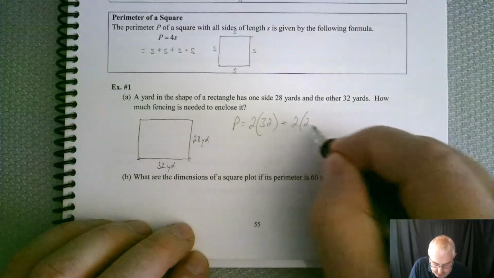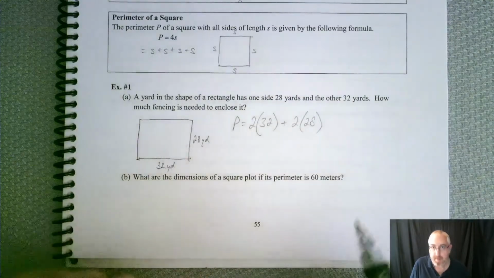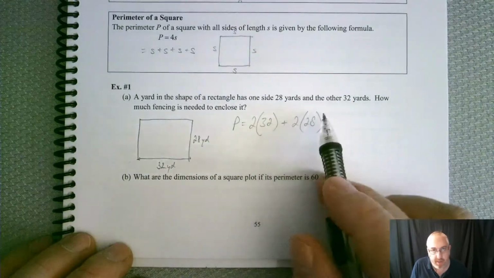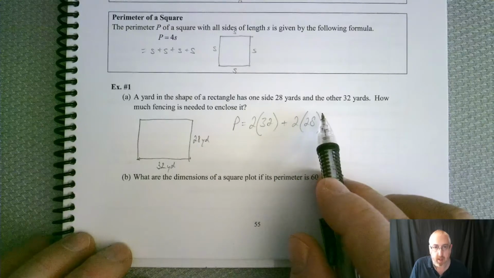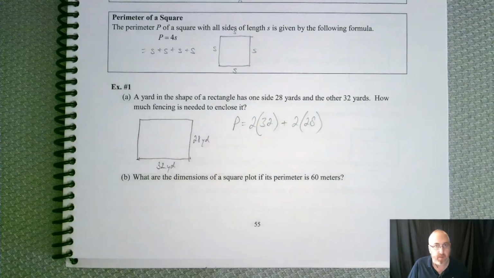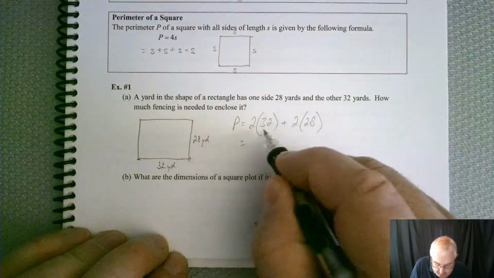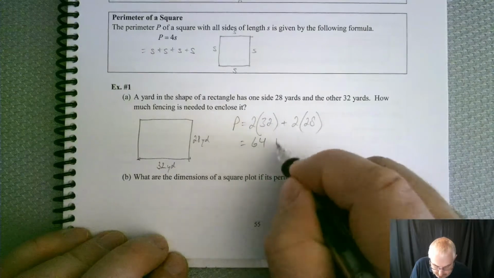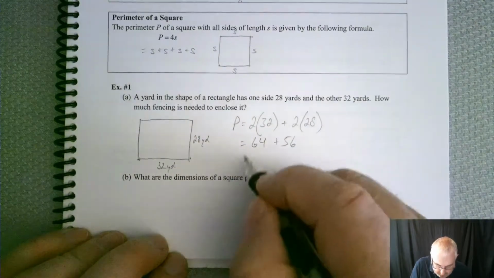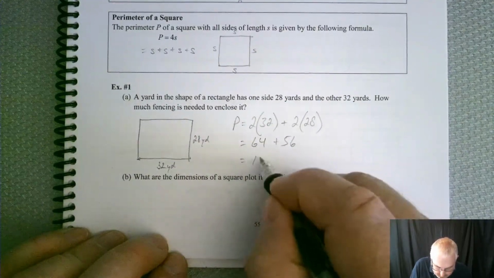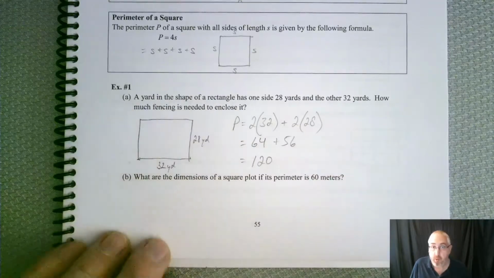And we can replace the W with 28. Now, it doesn't matter which one you call the length or which one you call the width. Usually the longer one is the length and the shorter one's the width, but it doesn't matter. So now we can just multiply and then add those together. So we end up with 120.